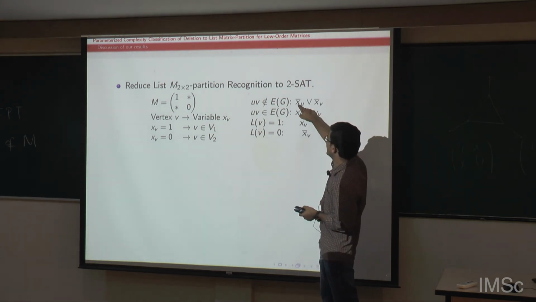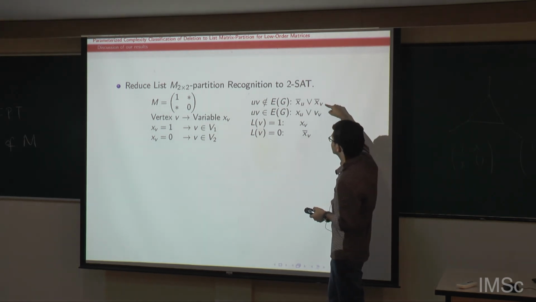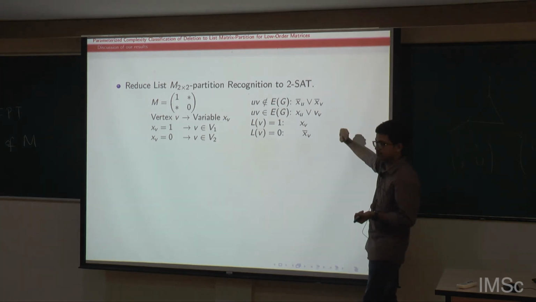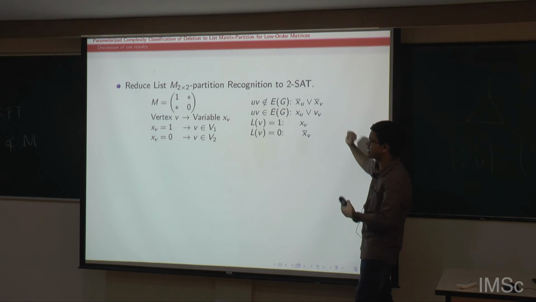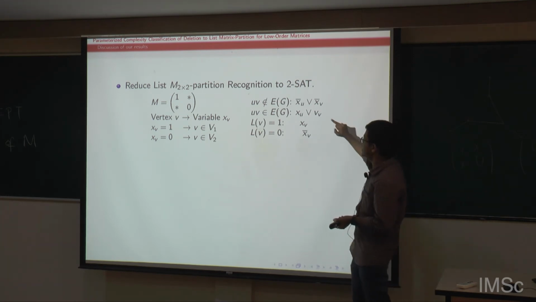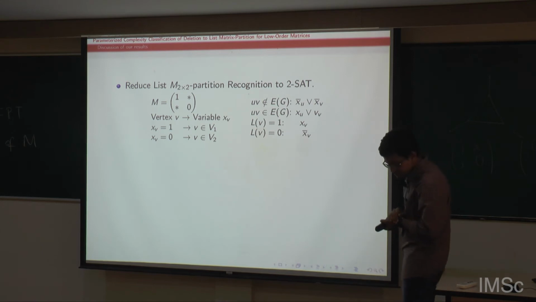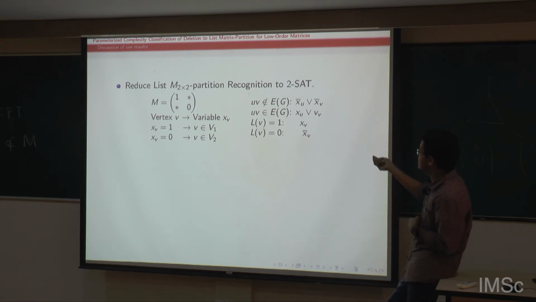This means xu bar or xv bar, so at least one of them should get the 0 assignment. Similarly, for every edge, we introduce this sort of clause, and the resulting 2-SAT formula would be equivalent to checking whether the graph has a list partition.